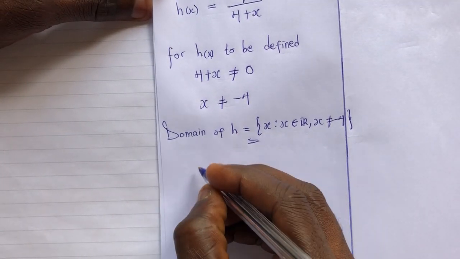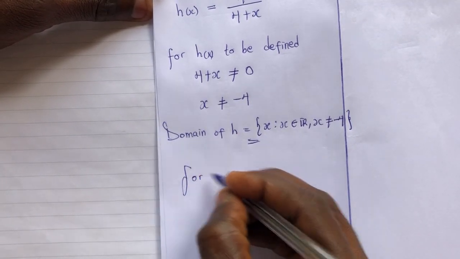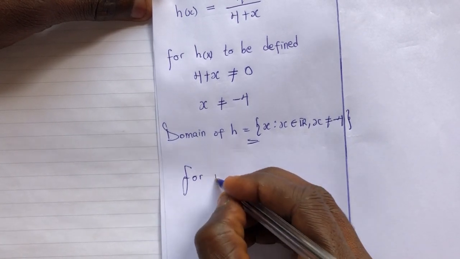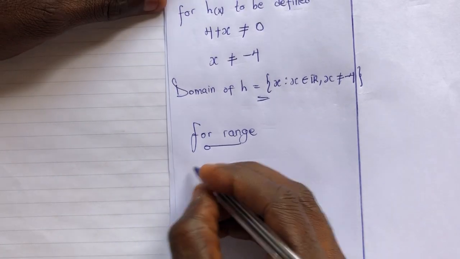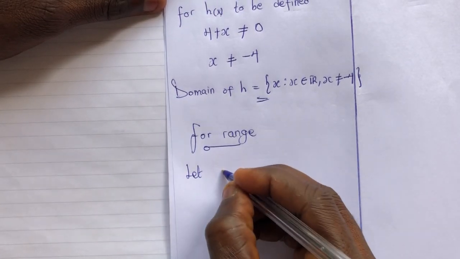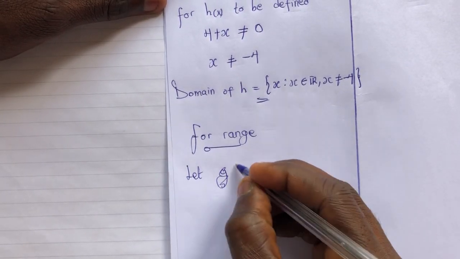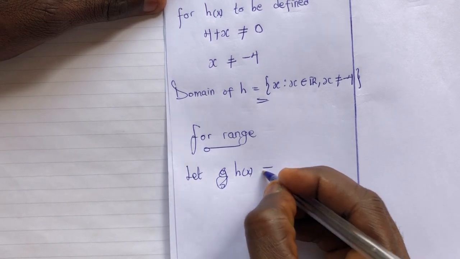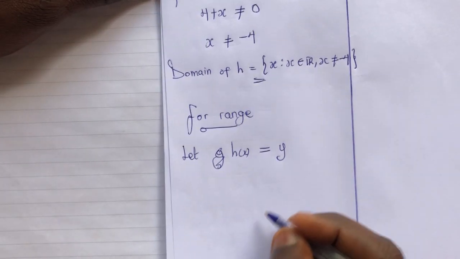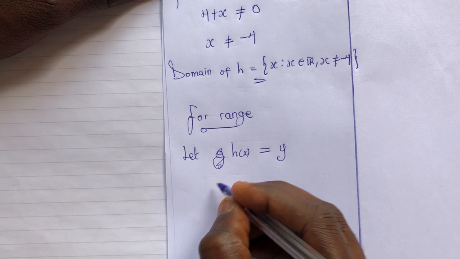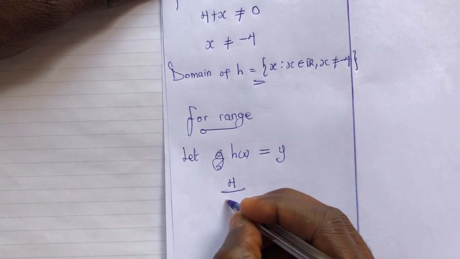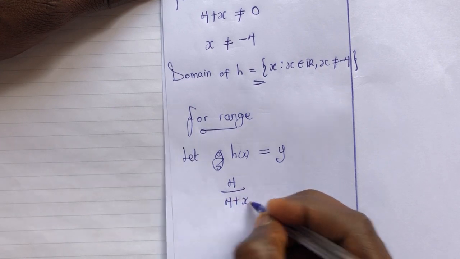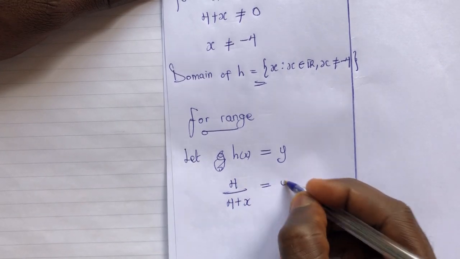So for range, let h of x be equal to y. So we have 4 over 4 plus x equals y.